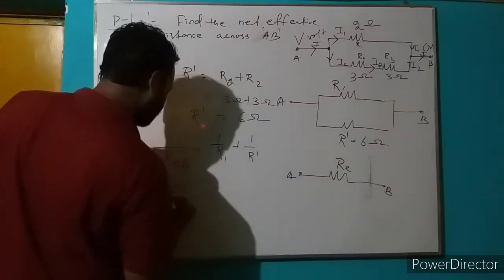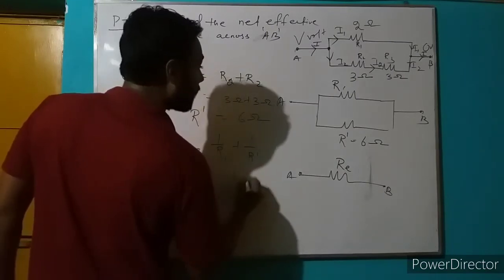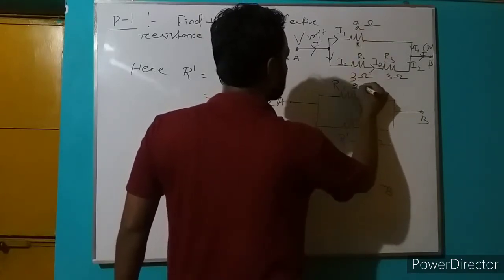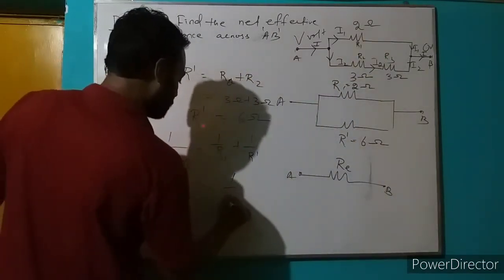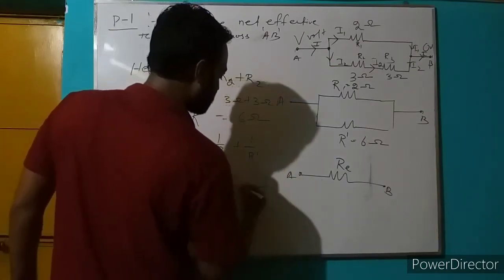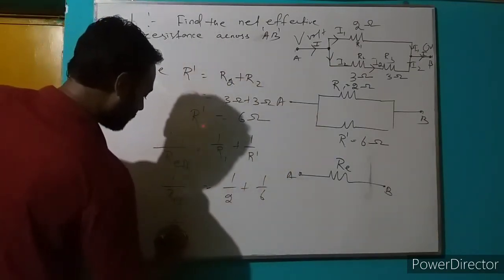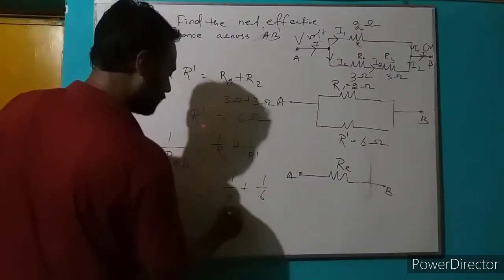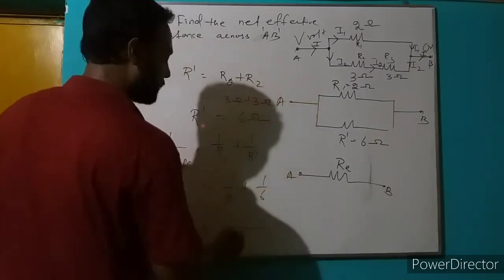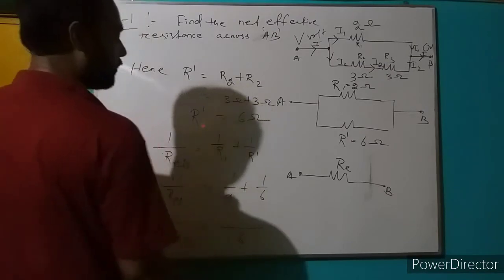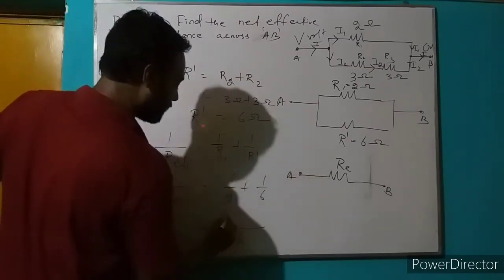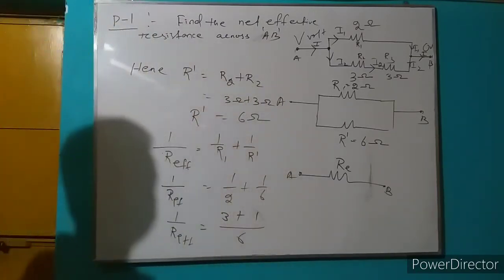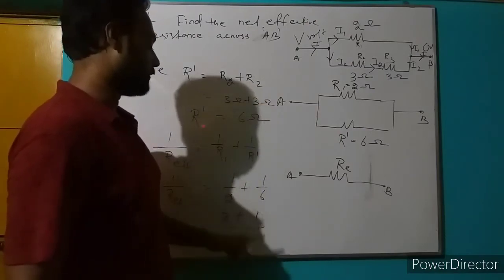So 1 by R effective equal to what? 1 by R1, and R1 is 2 ohm. So 1 by 2 plus 1 by R prime, which is 1 by 6. The LCM of 2 and 6 is 6. Dividing 6 by 2 we get 3, so 3 plus 1, and 6 divided by 6 is 1, so that is multiplied by 1.